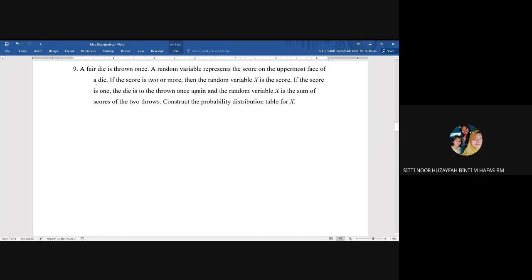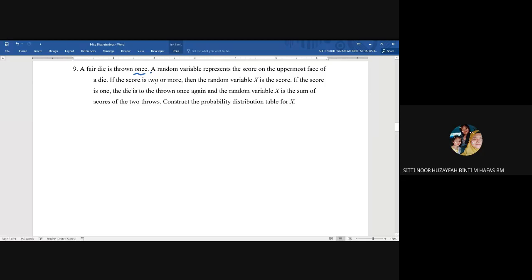Okay, now this is a situation question. They give you a fair die thrown once. Okay. Now, a random variable represents the score on the uppermost face of a die. So, you baling dadu, dia akan ambil score yang kita baling dadu tu yang muka paling atas sekali. Okay.